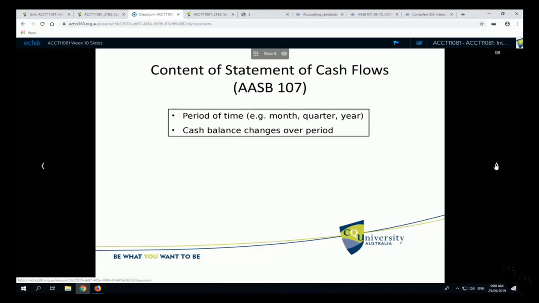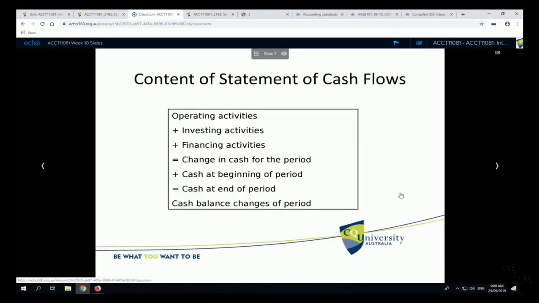Okay, so paragraph 10 of AASB 107 requires firms to prepare a statement of cash flows that classifies the cash flows into 3 different activities: operating, investing, and financing. Okay, so we'll be looking at those 3 sections today, and in particular we'll look at 2 different methods for calculating the operating cash flows.